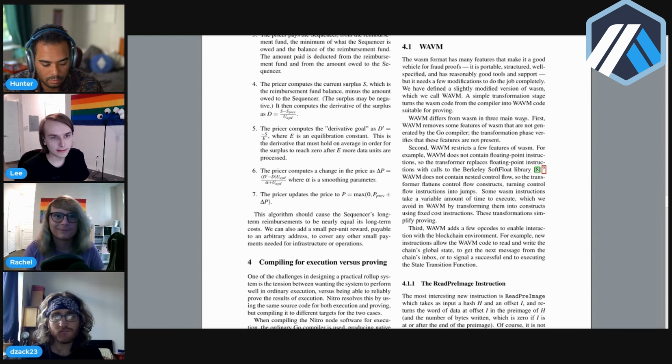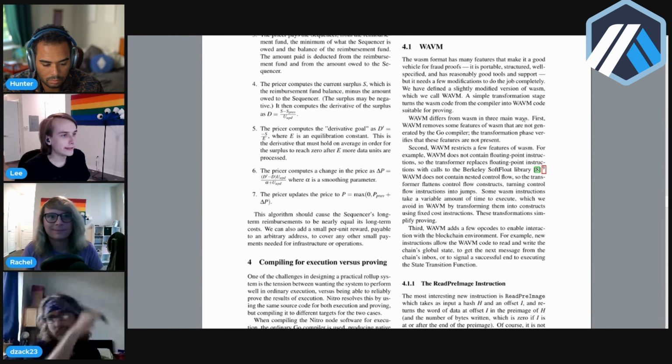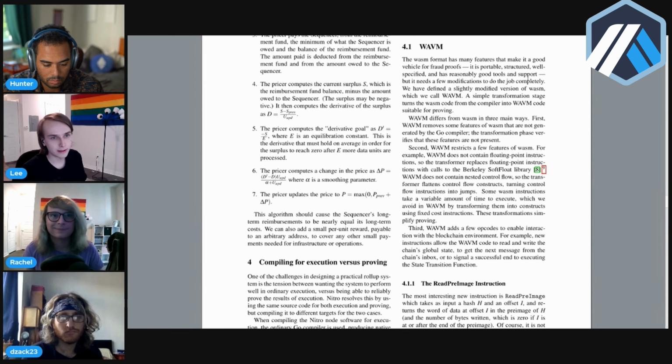You can have a calculation that returns two different things on two different computers, and obviously we can't have that for Arbitrum when you have two Arbitrum nodes that need to both output the same thing. So instead, we've replaced floating points with an existing software-implemented floating point library. And these simplifications are what allow us to prove WebAssembly on chain.